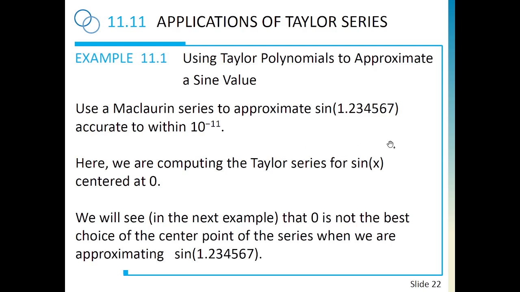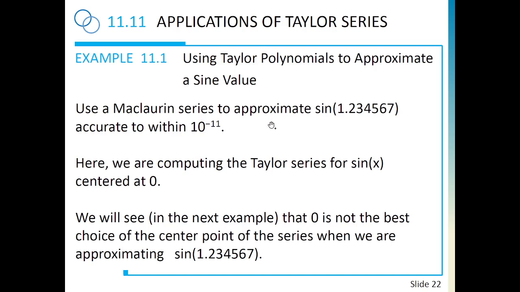Now, another type of application is if we need to find an approximation of a function at a certain point. So here, the task that we are given is to use Maclaurin series. So we expand sine x at 0. The center of the series will be 0 because we are asked to use Maclaurin series.